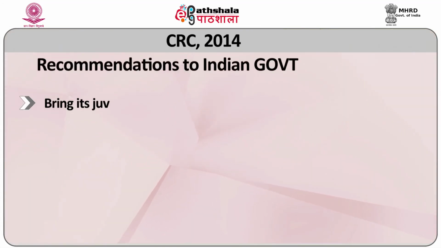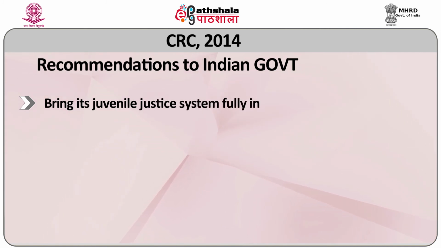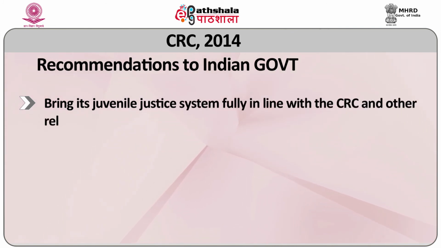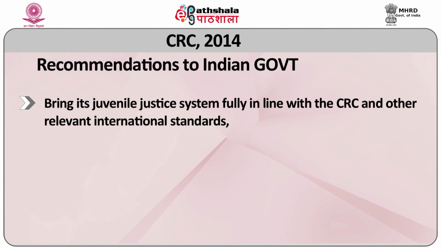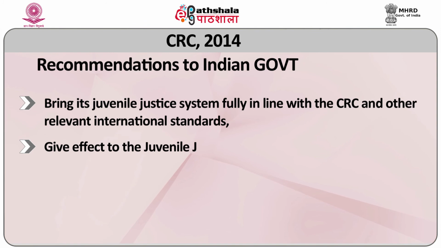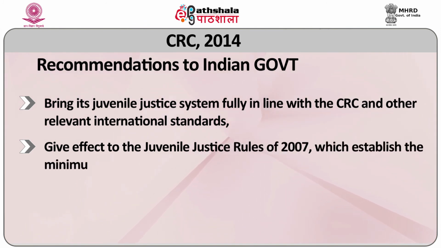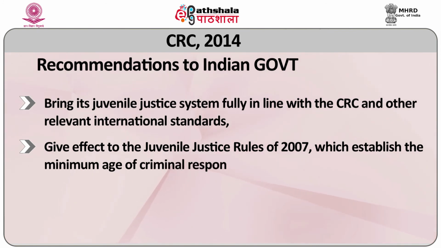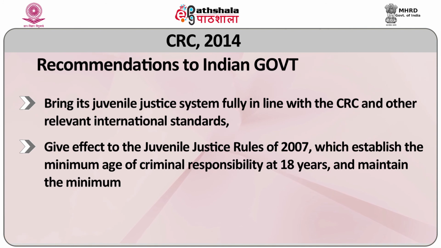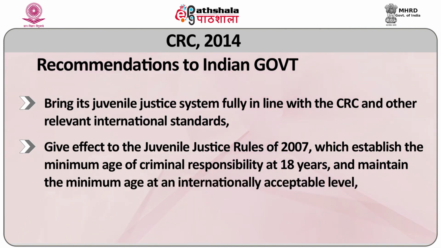Firstly, bring the juvenile justice system fully in line with the CRC and other relevant international standards. Secondly, give effect to the Juvenile Justice Rules of 2007, which establish the minimum age of criminal responsibility at 18 years and maintain the minimum age at an internationally acceptable level.